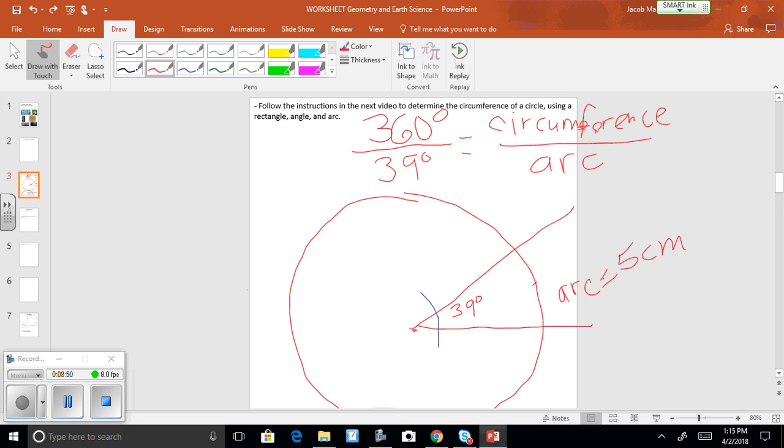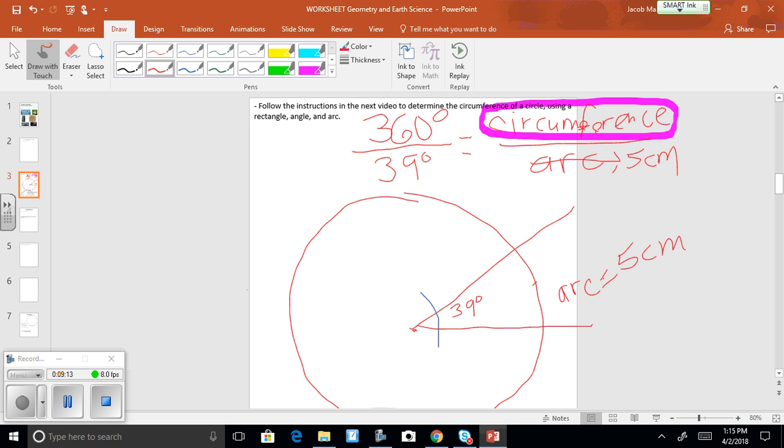So we know that our arc is 5 centimeters. Now, if we want to figure out the circumference, we have to isolate the circumference. We have to get this value right here by itself. Okay, but as you can see, it's attached to this 5 centimeters here, right? They're kind of connected, circumference over 5.